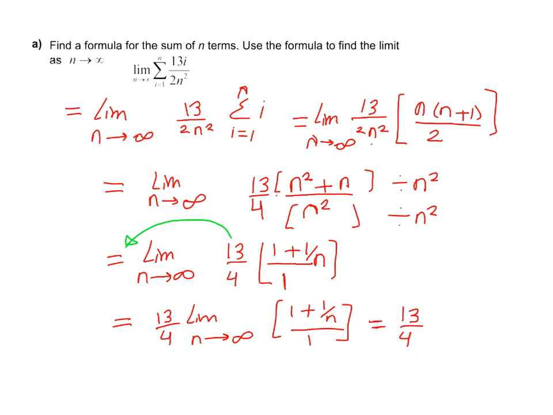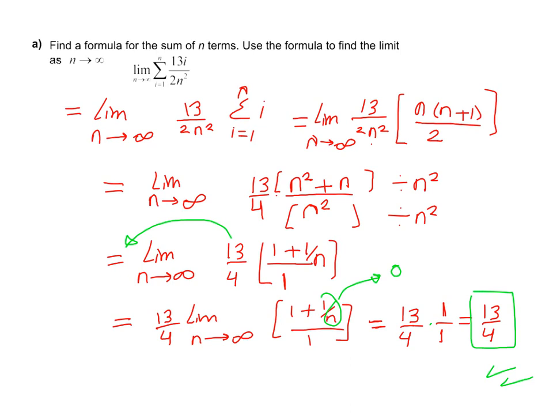The limit when n approaches infinity of this term 1 over n will be 0. This term becomes 0. So everything else is 1, multiplied by 1 over 1, which is 13 over 4. This is our last solution. Done.